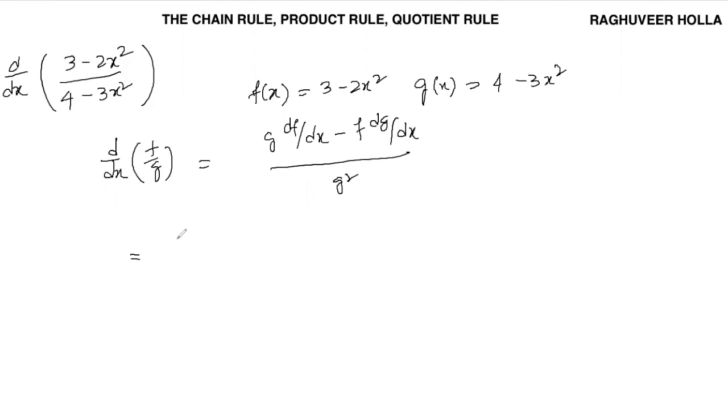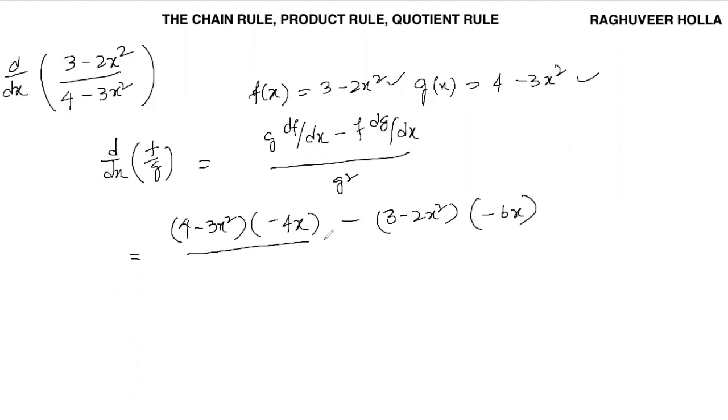Let us apply this here: 4 minus 3x squared times the differentiation of 3 minus 2x squared, which is 4x, minus 3 minus 2x squared times the differentiation of g, which is minus 6x, divided by 4 minus 3x squared, whole squared.